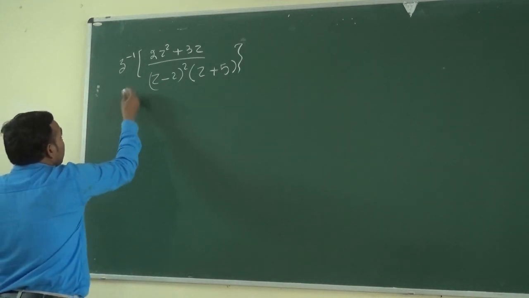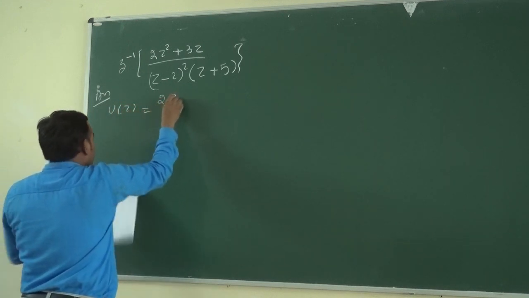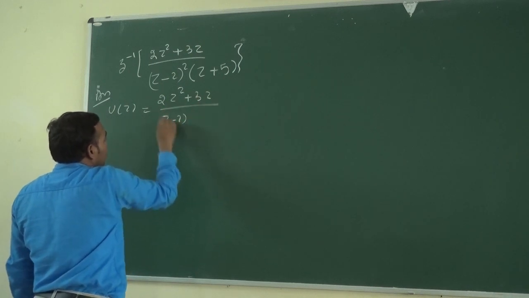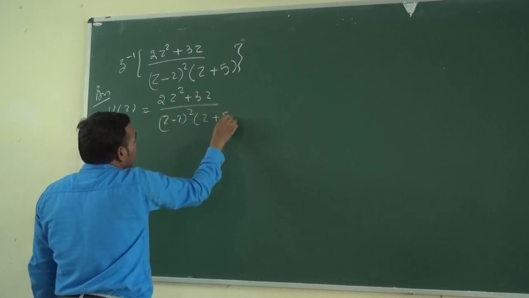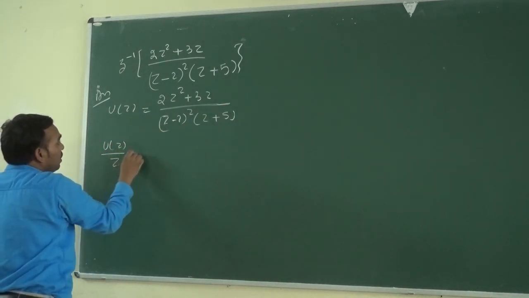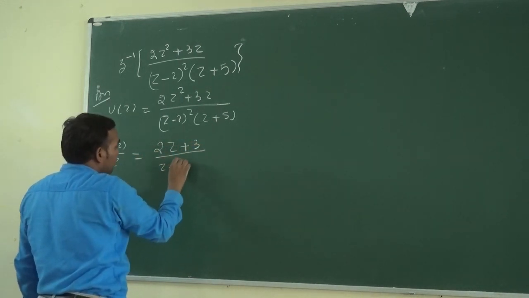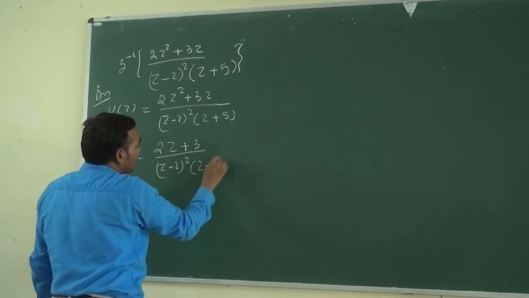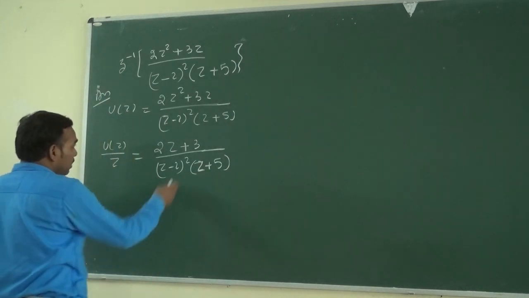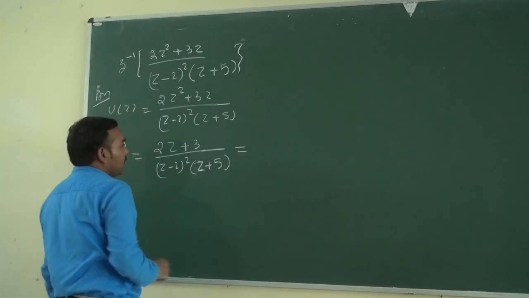As before, let U(z) be equal to (2z^2 + 3z)/((z - 2)^2 (z + 5)), and if possible write it in this way: U(z)/z is equal to (2z + 3)/((z - 2)^2 (z + 5)). Convert this expression into partial fractions.